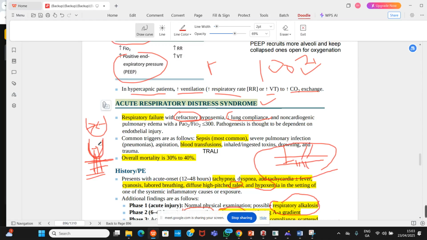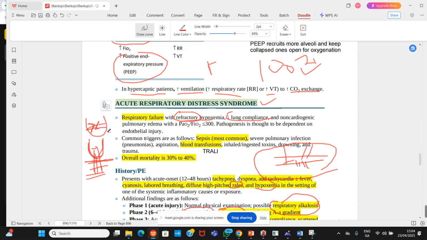Now, surfactant is that group of chemicals produced by the type 2 pneumocyte to help us reduce that surface tension. So it means that somebody with ARDS doesn't have any surfactant again, because the fluid entering the lungs due to damage to the endothelial lining has washed out all the surfactants.